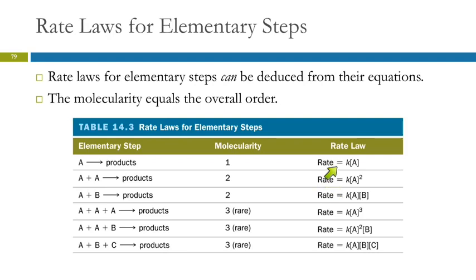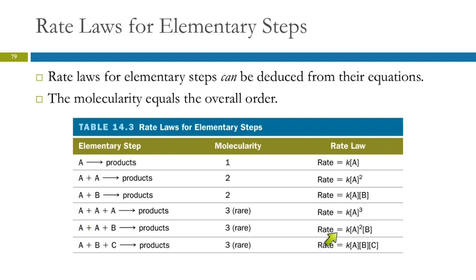This has an order of 2, this has an order of 1. Here we've got a rate where we've got A times B. So this is a second order reaction overall, right? Because you add the exponents. And so this should also have a bimolecular elementary step. Here we've got A and B colliding. If the rate is proportional to A cubed, that would mean that you have a termolecular reaction where you have 3 A's colliding.